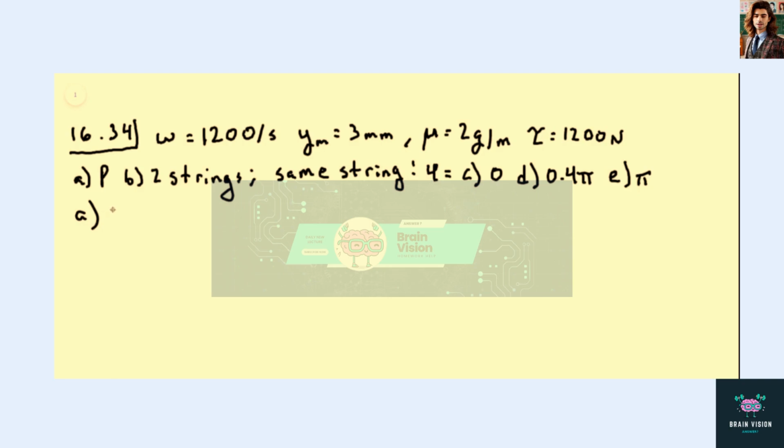So the first thing that we're going to want to just go ahead and figure out right off the start is the wave speed. This is 775 meters per second.